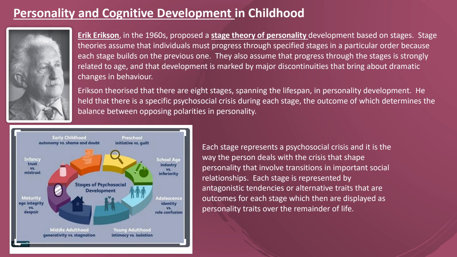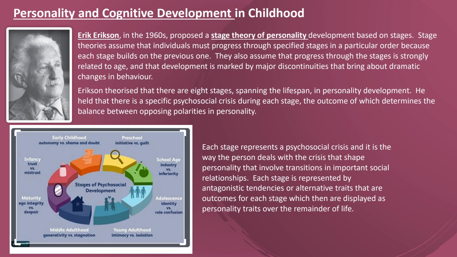So Erikson theorized that throughout the lifespan there are 8 stages, starting from birth and moving through until adulthood. And what he says is that in each stage, and we'll look at that on the next slide, there's a crisis. So for example, in infancy, there's a crisis between what he calls trusting and mistrusting.